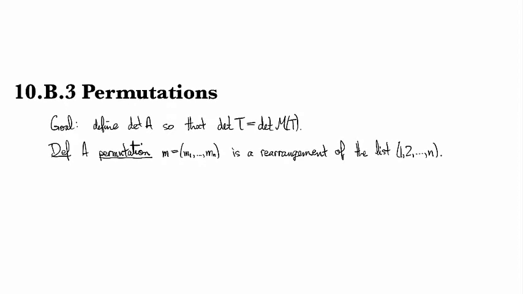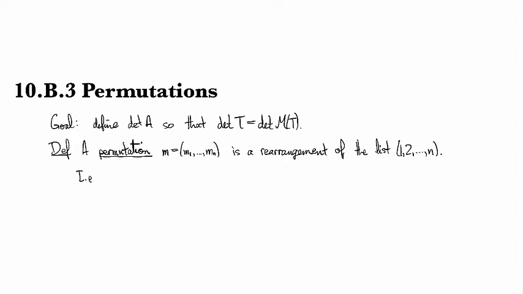So, in other words, it's a bijection from the set 1 up to n to itself.